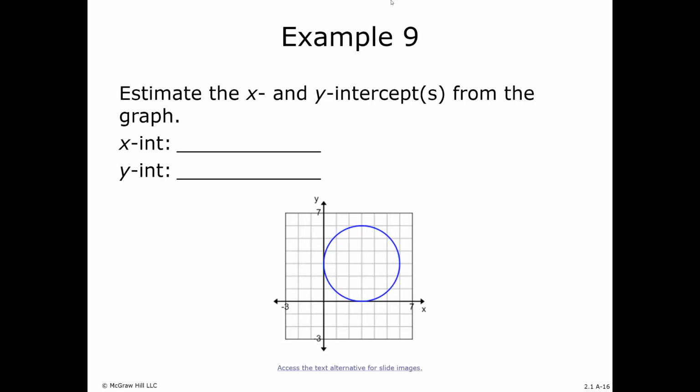So estimate the x and y intercepts from the graph. So if you look at the graph, it looks like the x-intercept is going to be 3, 0. And it looks like it crosses the y-axis at 0, 3.